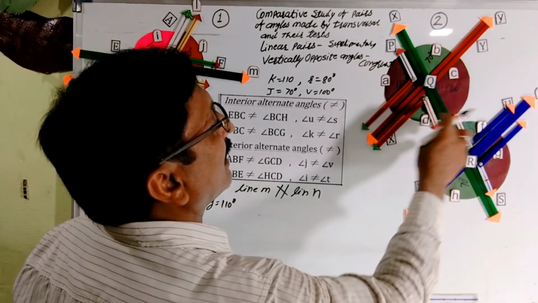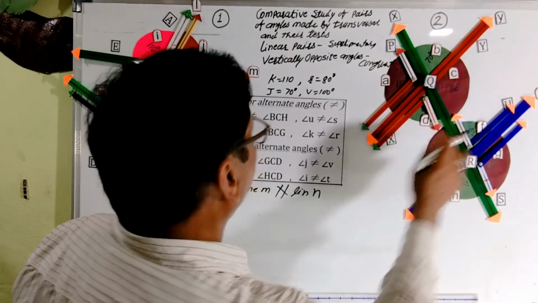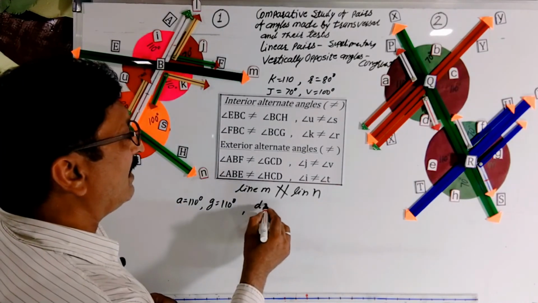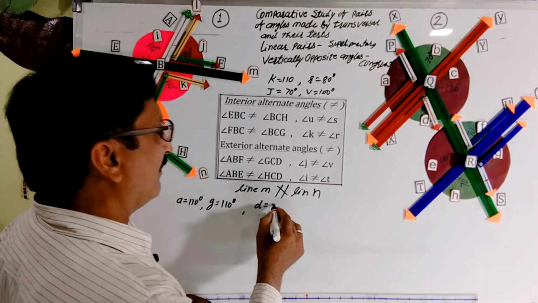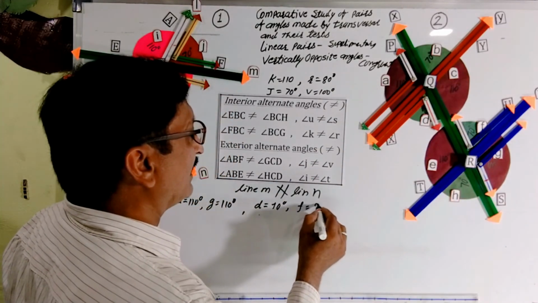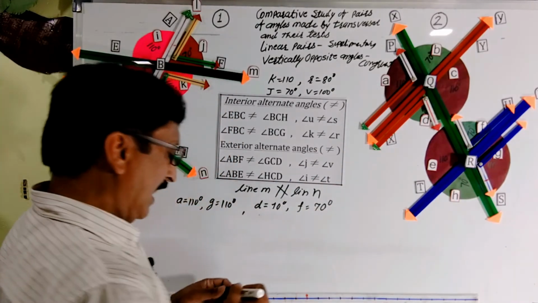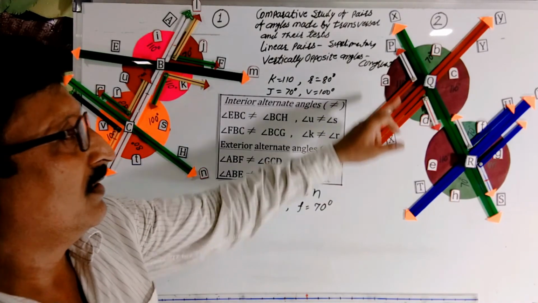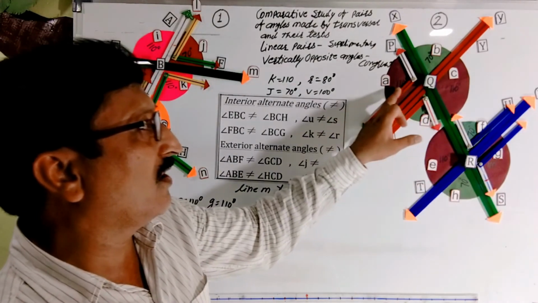Similarly, interior alternate angles D and F. What is the measure of angle D? D is equal to 70 degrees, and angle F is equal to 70 degrees. That means in this second diagram, the exterior alternate angles are congruent.